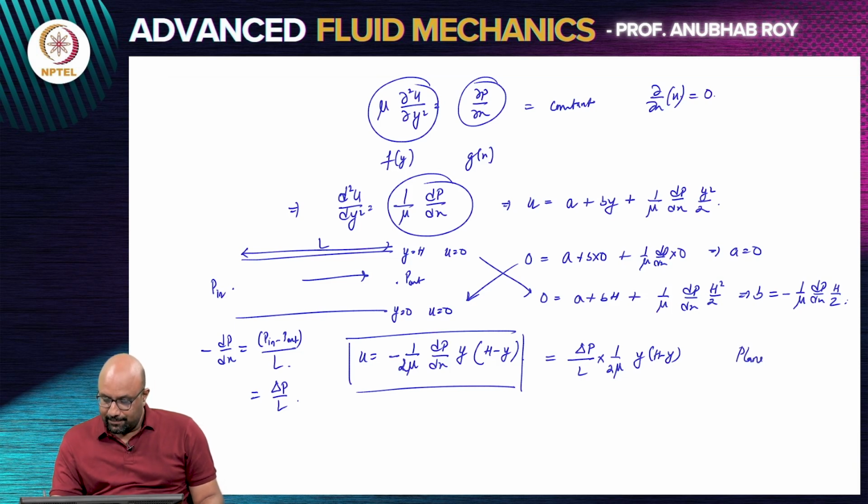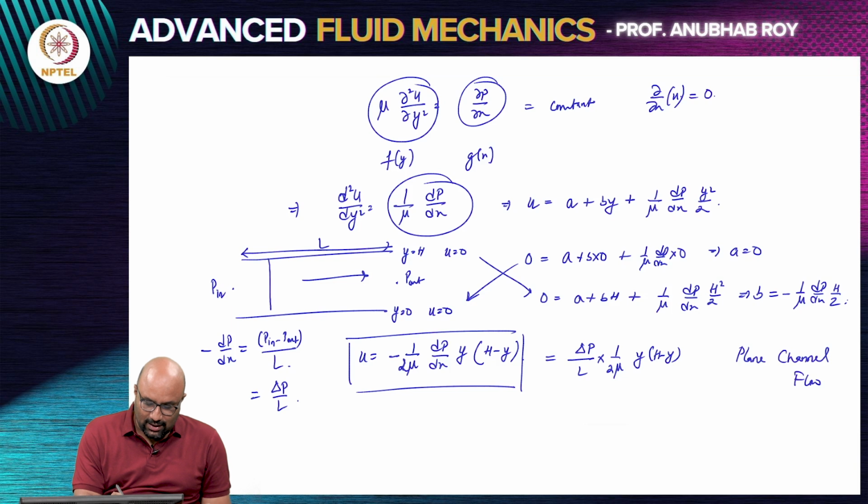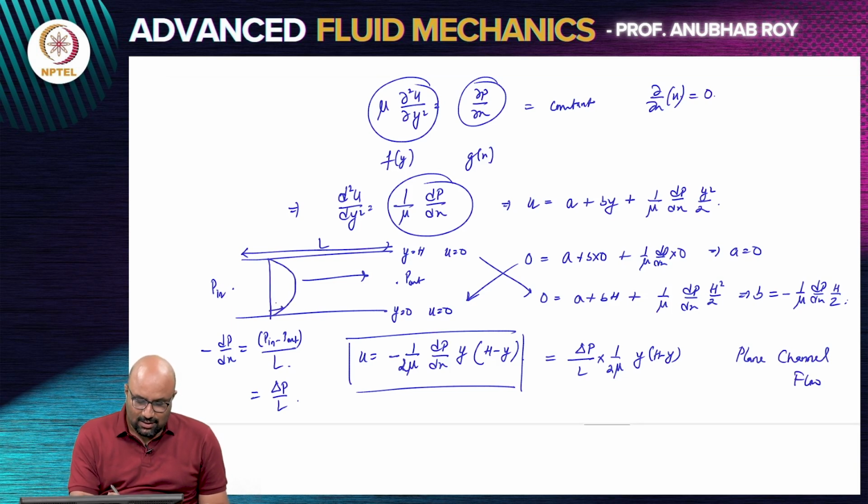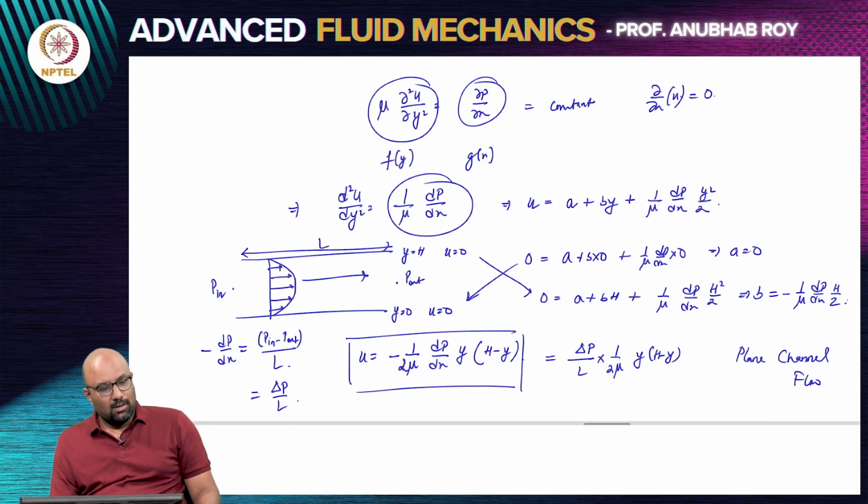It's again a very classical problem where the velocity profile takes this parabolic form when you have a pressure drop that is given in the problem.